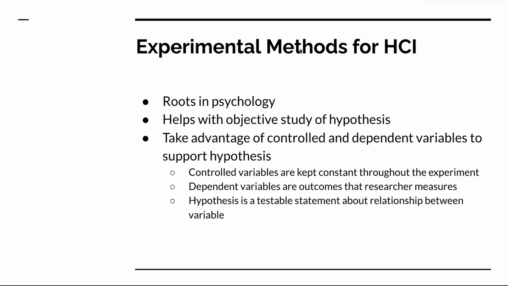So about the experimental methods for human-computer interaction, the topic has roots in psychology, and it should help us with objective study of hypotheses. I think this applies to a lot of experiments.